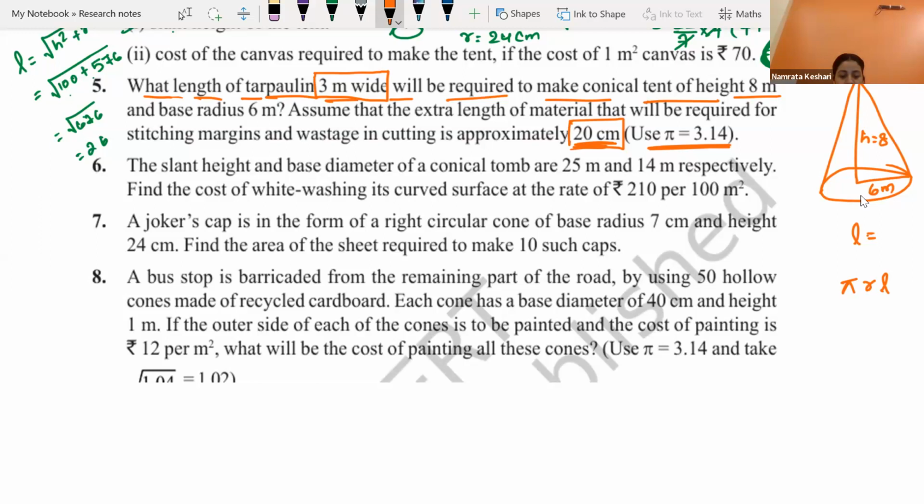Curved surface area is 188.4. Yes, everyone getting the same? Is it 188.4?